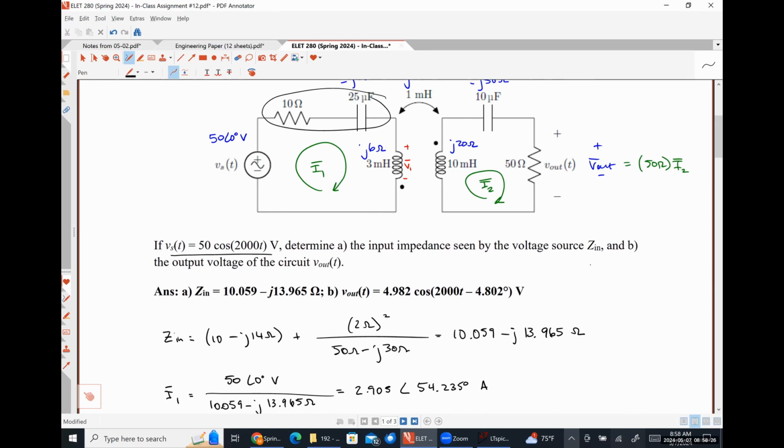The positive polarity voltage of V1 is at the undotted terminal of coil 1, and the current I2 is flowing into the undotted terminal of coil 2. So that sign has nothing to do with the polarity of the voltage across coil 2. So don't need it, and in fact, we will never need it for this problem at all.